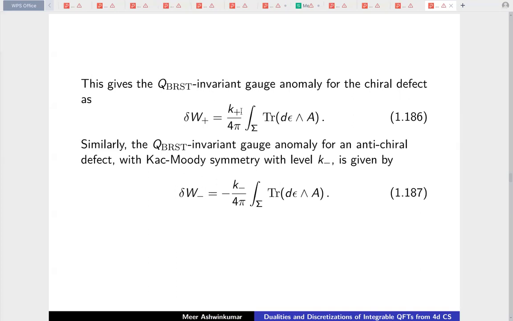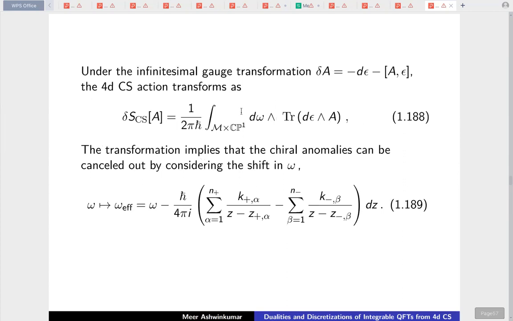So what one does to cancel this anomaly is modify the meromorphic one-form in the manner given here, where in the numerator of each of these terms, you find the levels of the affine Kac-Moody algebra realized by each surface defect.